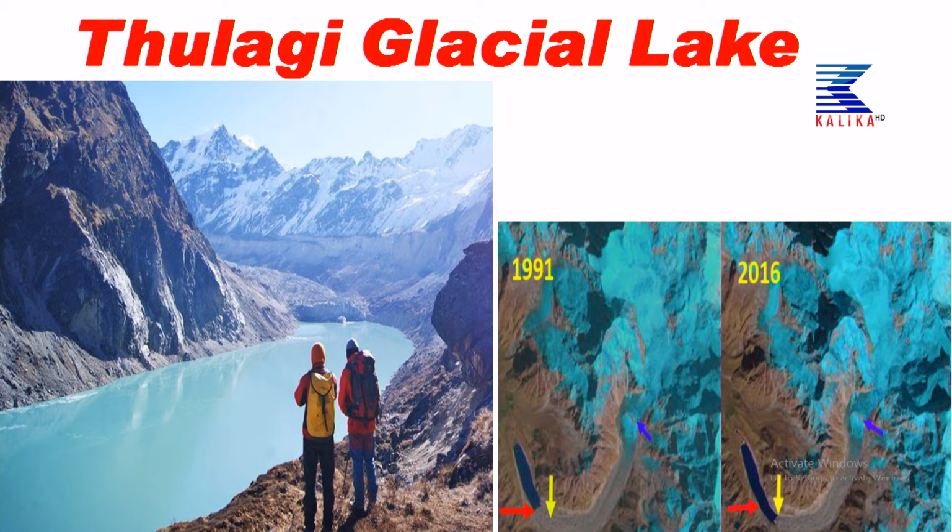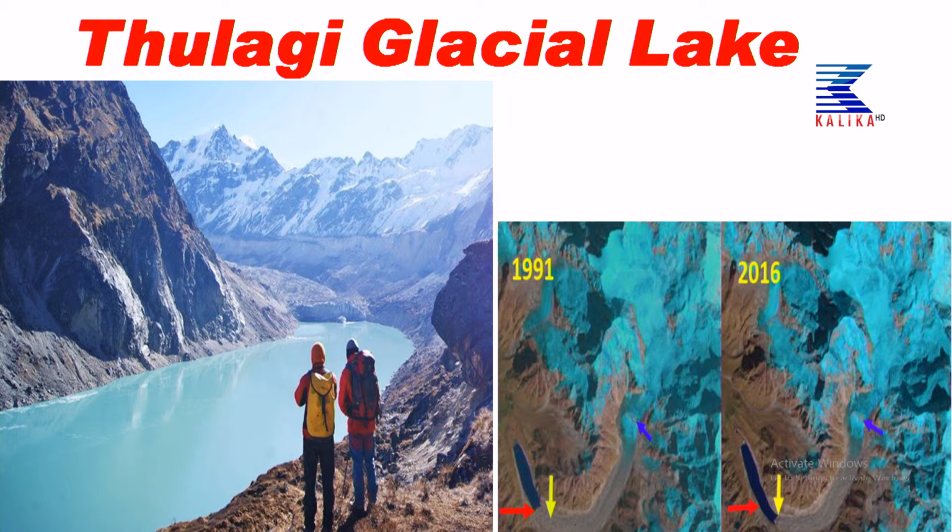The size is increasing. What does it mean? Because the snow is melting and accumulating water in the lake. It is expanding, getting bigger and bigger and bigger. One day it is going to explode, and it may hamper the surrounding ecology and may destroy human settlements, infrastructures, and many more.